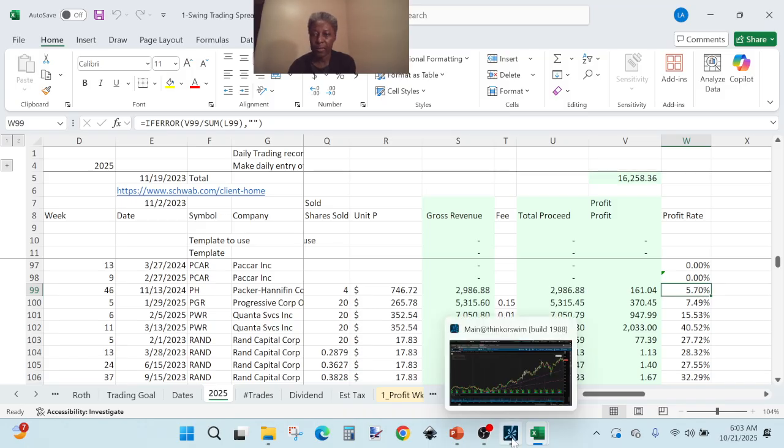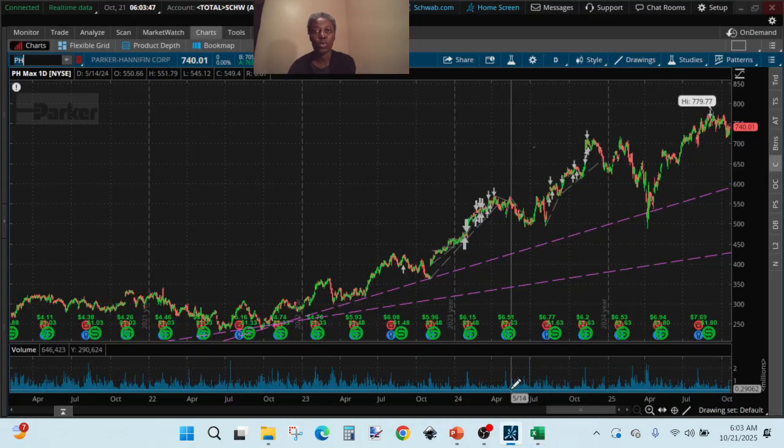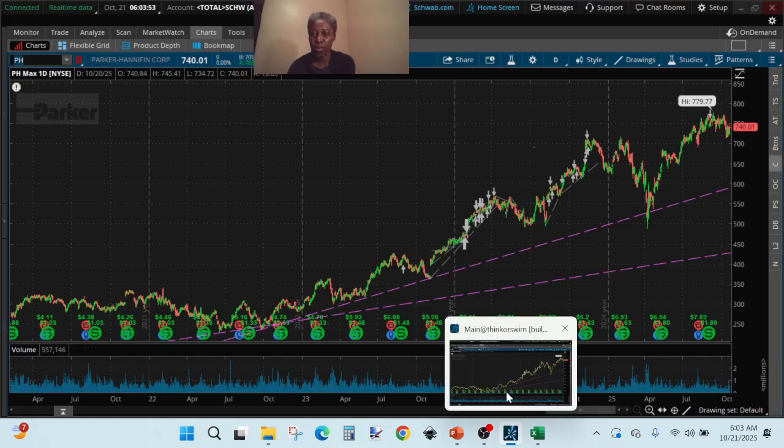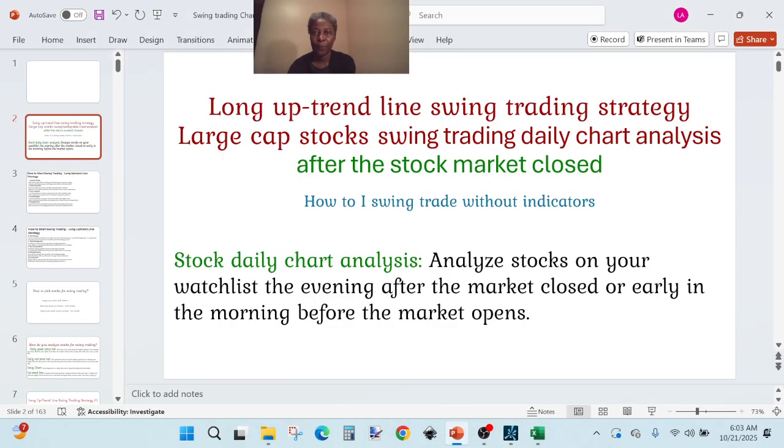So that is, for those two, how we swing trade without indicator. Just start small and just grow your account from there. When you buy one share to test your strategy, you are just targeting a minimum profit.